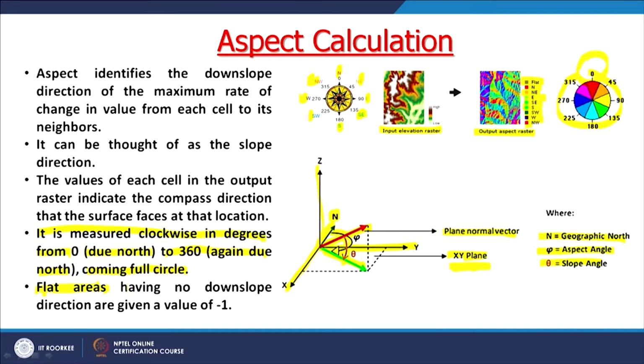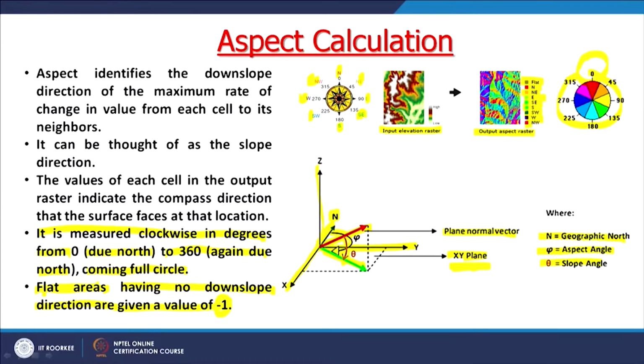The flat areas having no downslope in the surrounding directions are given the value -1 to identify them very clearly, because all these values would be varying between 0 to 360 degrees, but they may not for flat terrain.